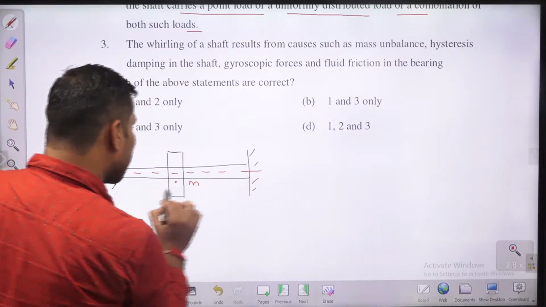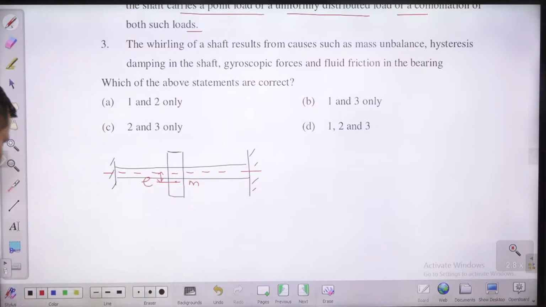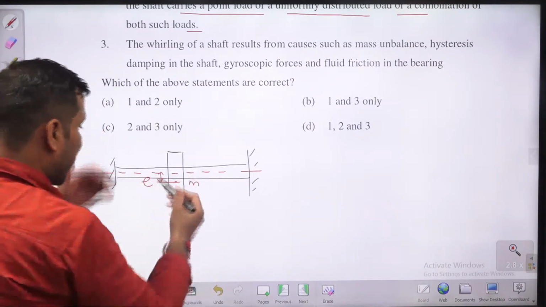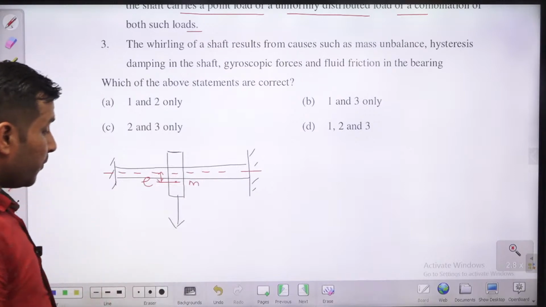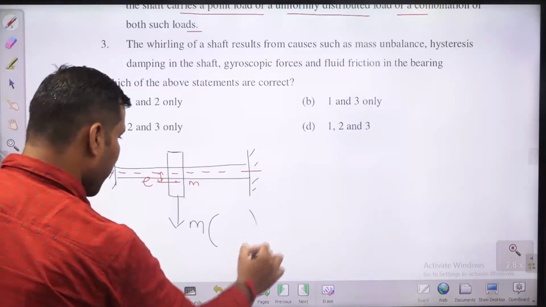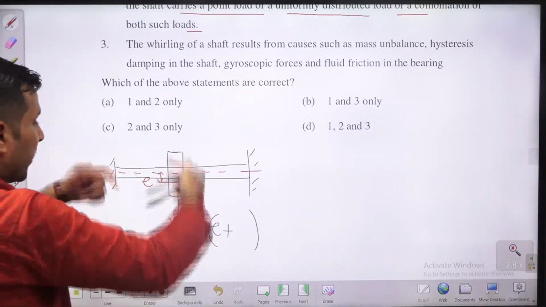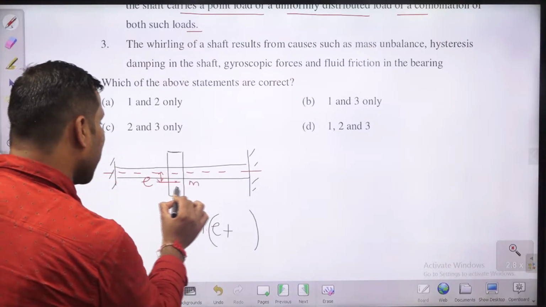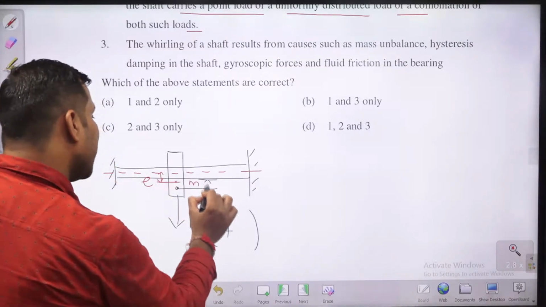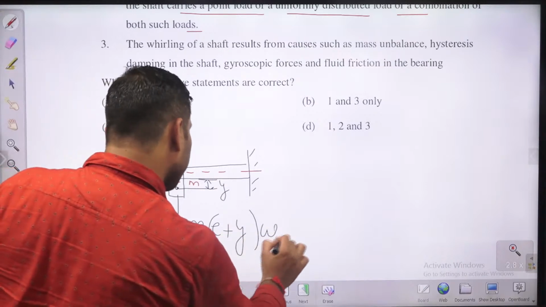The distance between the center of mass and the central axis is known as eccentricity, E. Further, when it rotates, some kind of centrifugal force is going to act, that is m, E, plus when it rotates, some additional deflection we are going to get, that is Y. So Y is the additional deflection. So m times (E plus Y) omega square.